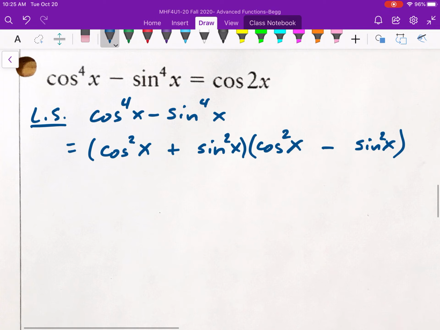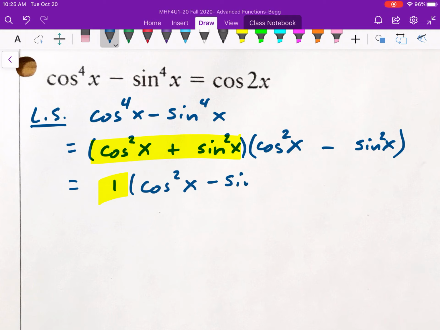Now, looking at this, we hopefully recognize that this is the Pythagorean identity. So that's equal to 1. So what I'm left with is simply 1 times cos squared x minus sine squared x, or just cos squared x minus sine squared x.